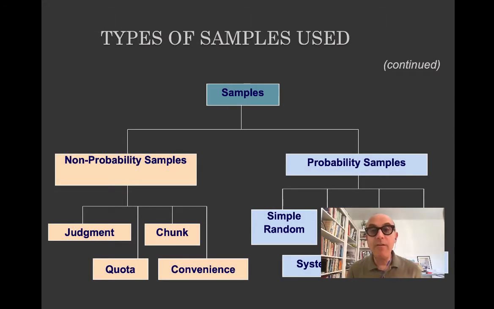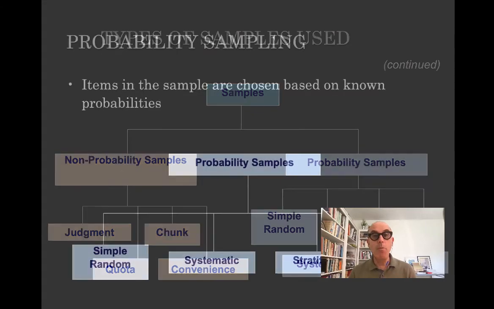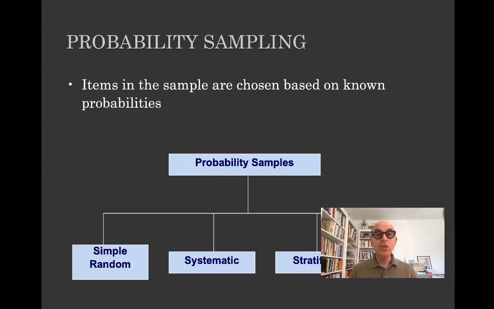In probability sample, simple random, stratified, systematic, and cluster are the most common types, compared to non-probability. And I will go over that in a second. But again, the framework of how we conduct or collect our data is a key component.